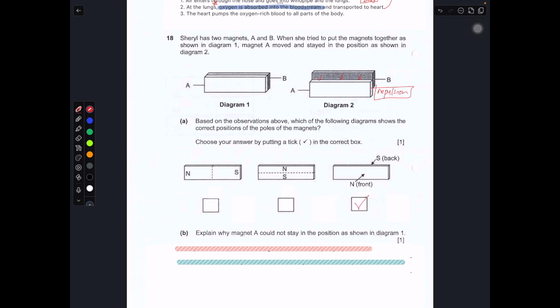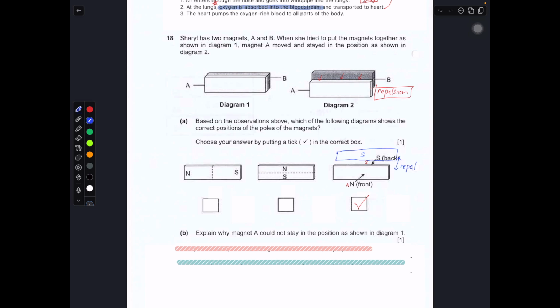So you have the south over here and the north over here, and what happened to the other piece of the magnet? The south is facing. That's why they will repel each other, because the like poles are facing each other. But some of you may also argue that the other two are also possible answers.